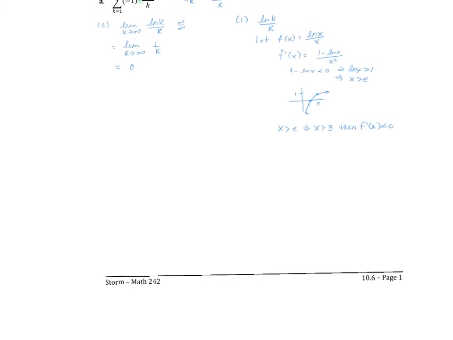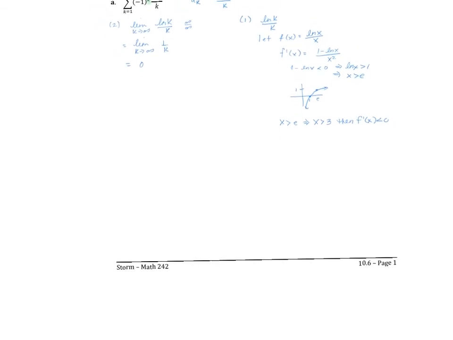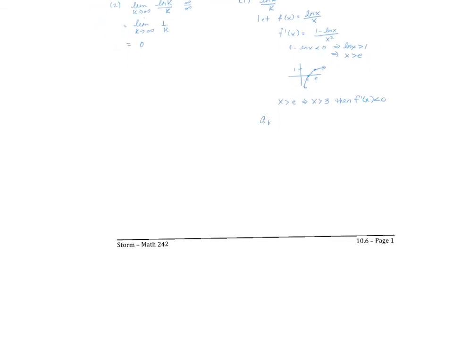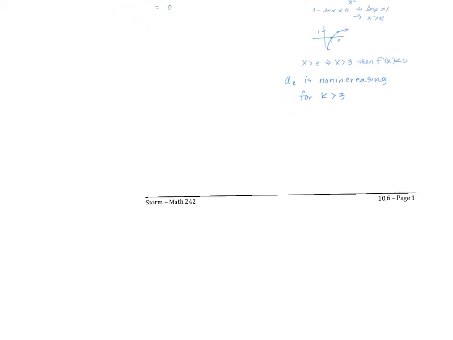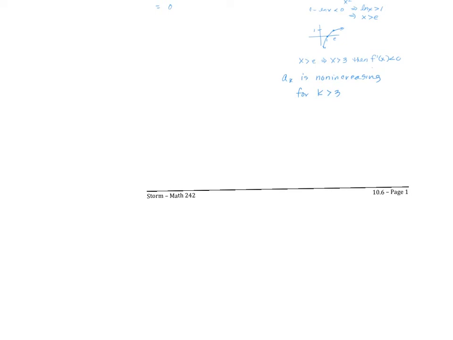So all this shows is that our a sub k is non-increasing for k values greater than 3, which means that we met condition 1. We found some n value where our series is non-increasing.